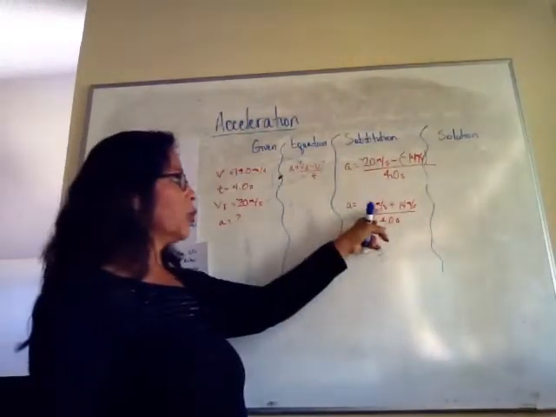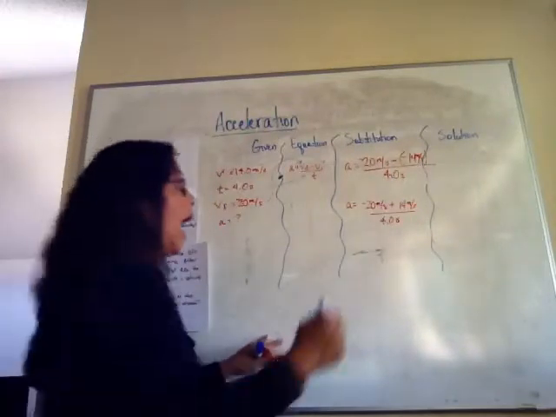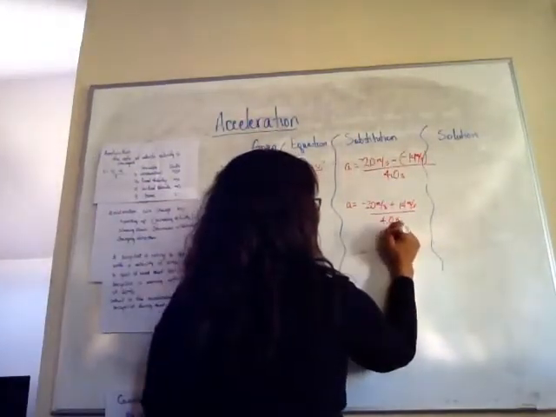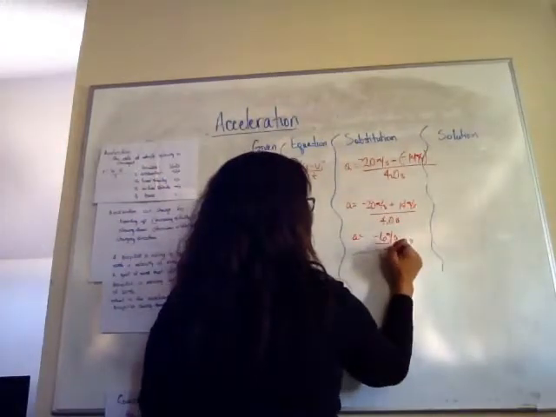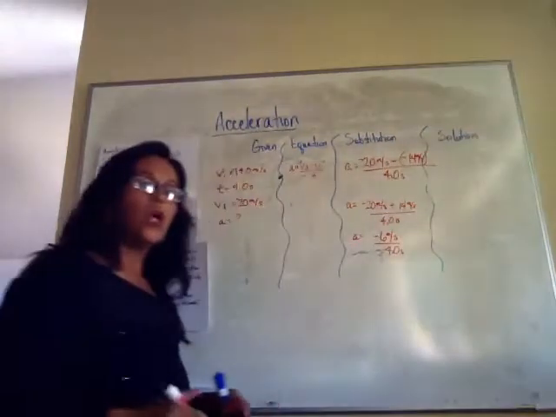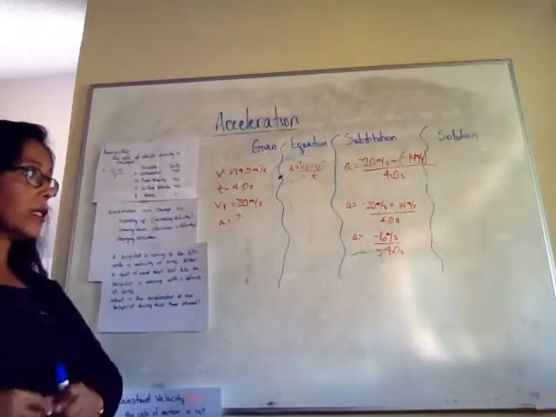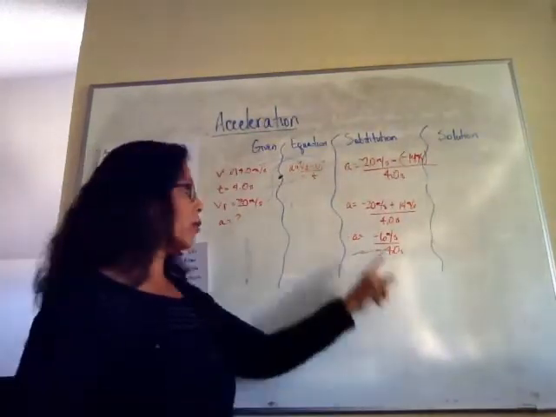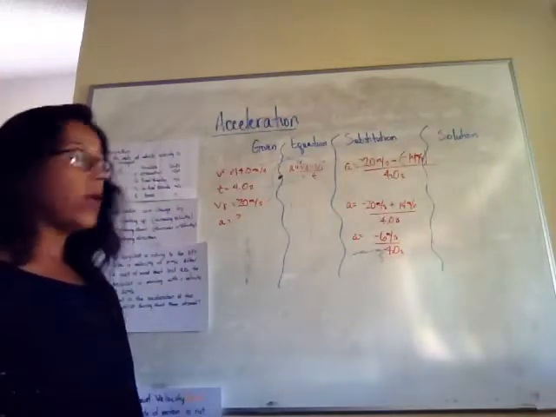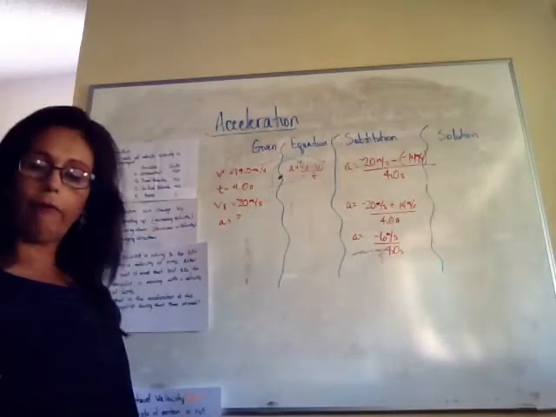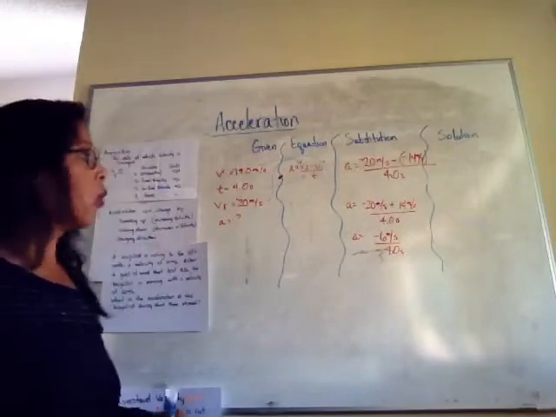Negative 20 plus 14 gives me a negative 6 meters per second over 4.0 seconds. So now we're down to the last thing. We've taken care of all the other math. Now acceleration is the value of 6 divided by 4, which is 1.5.